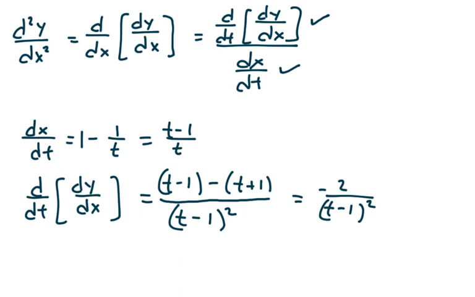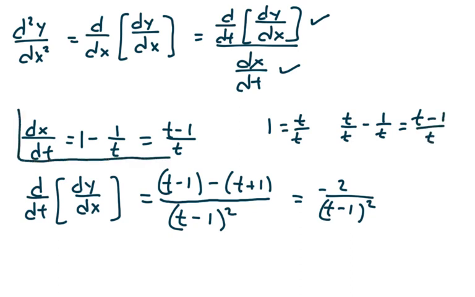And I'm just going to simplify this. Remember, 1 is equal to t over t as long as t is not 0. And t over t minus 1 over t ends up being t minus 1 over t. And that's where we get dx/dt, right here.